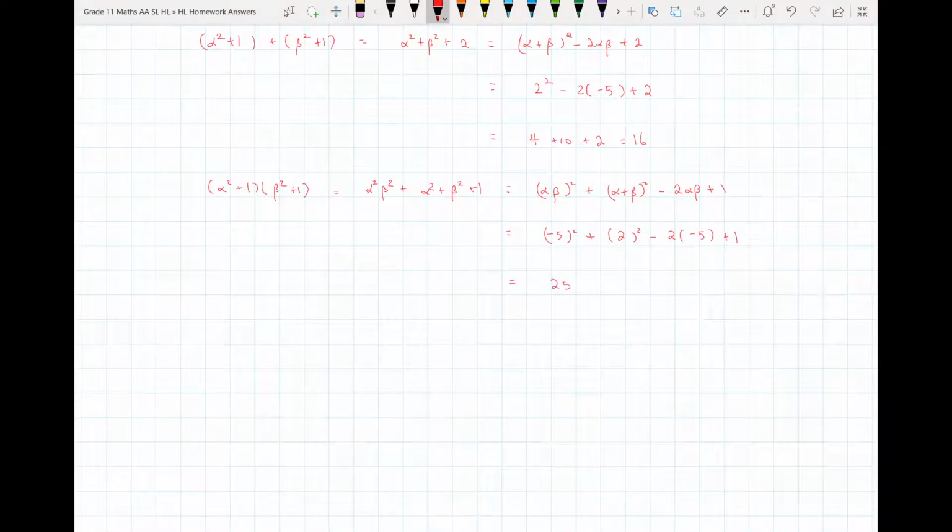Simplify. And this is exactly 40. So we can write this as an equation, and we're done.